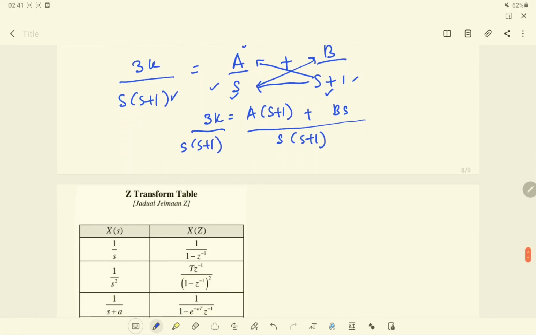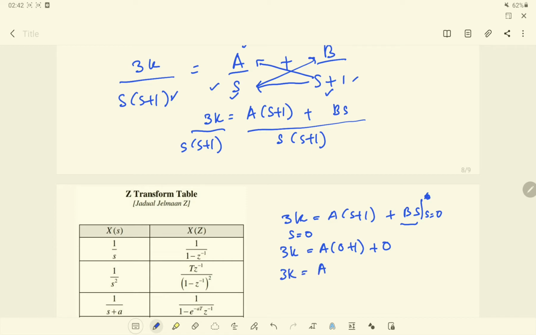So the first equation you get, with the denominators cancelled, is 3k equal to A(s plus 1) plus Bs. In order to make these terms 0, s must equal 0. So 3k, when s equals 0, equals A times (0 plus 1) plus 0, so A equals 3k.